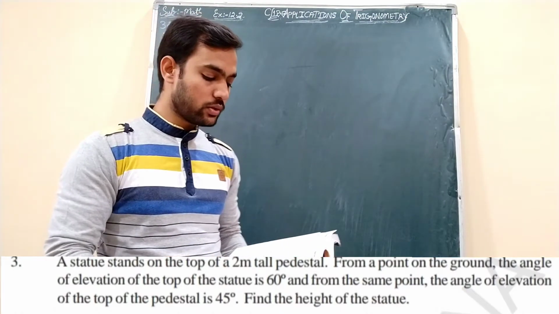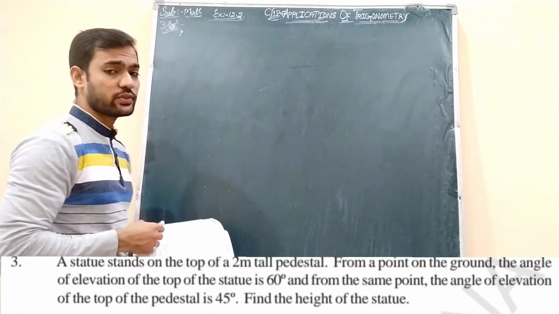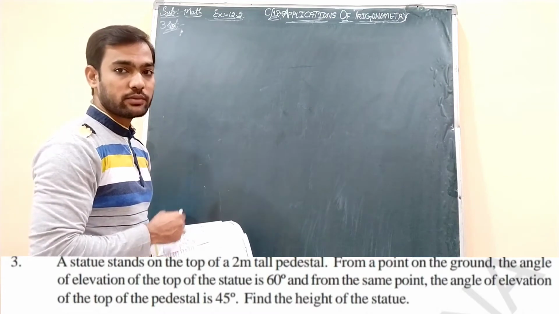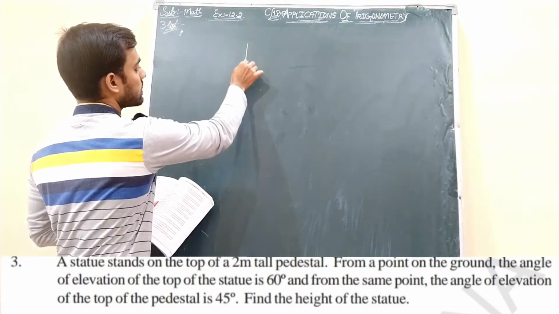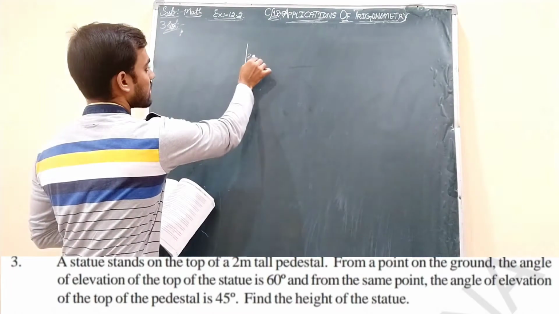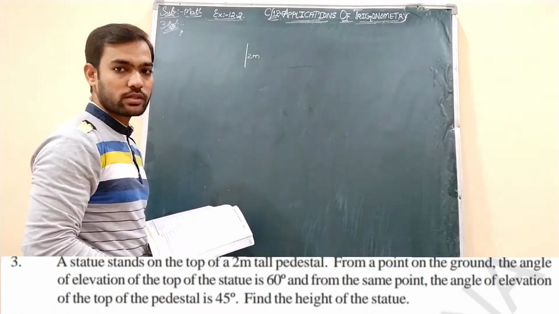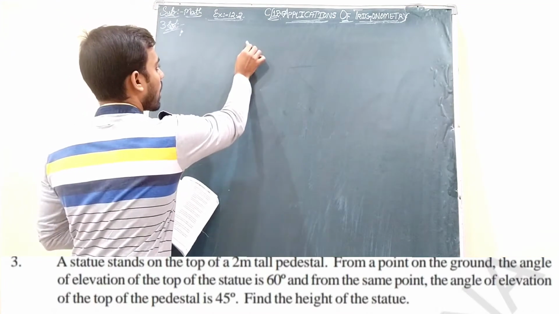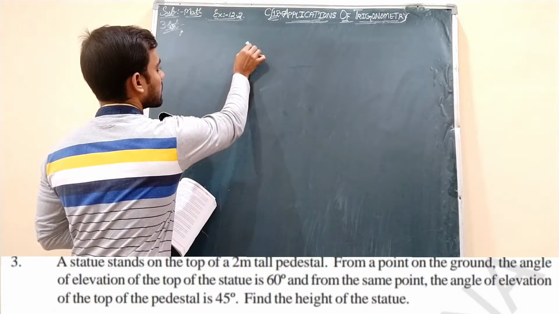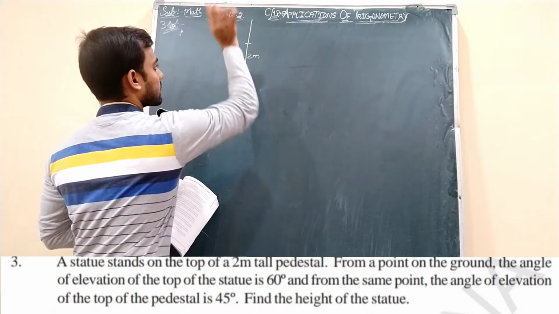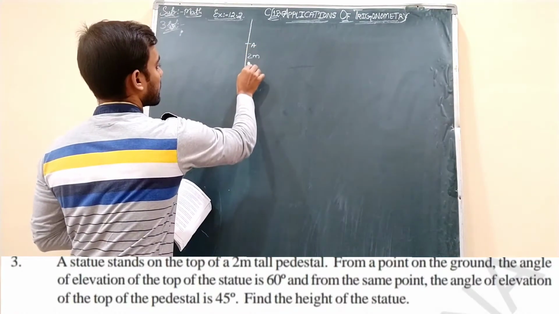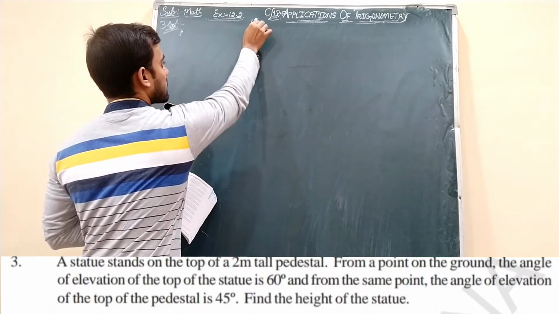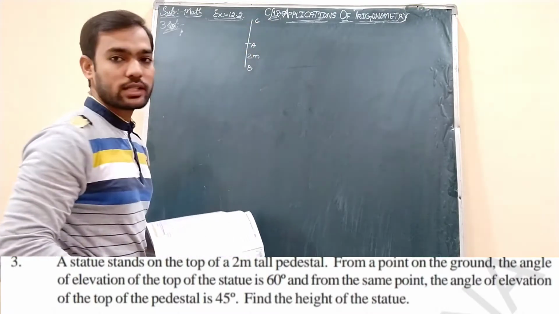So now firstly we will proceed to draw the diagram for this situation. This is the pedestal whose height is 2 meters. Now on this pedestal a statue is standing. Take this pedestal as AB and this AC is the height of the statue.